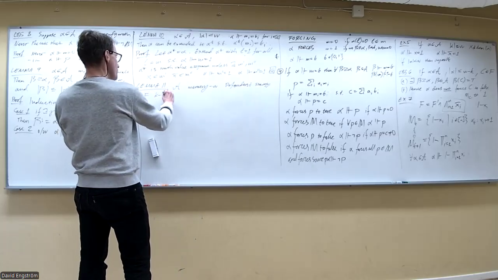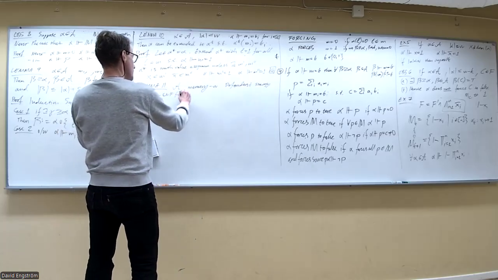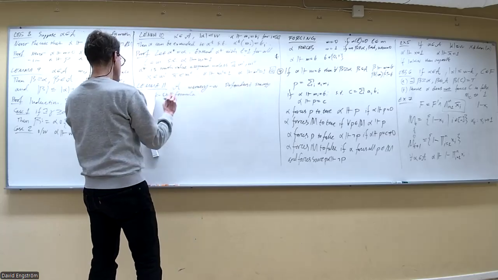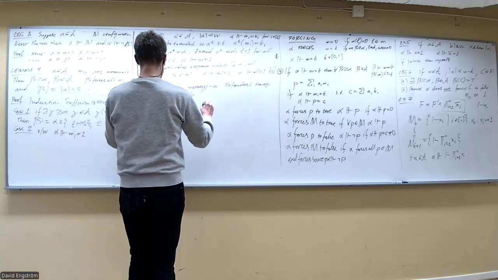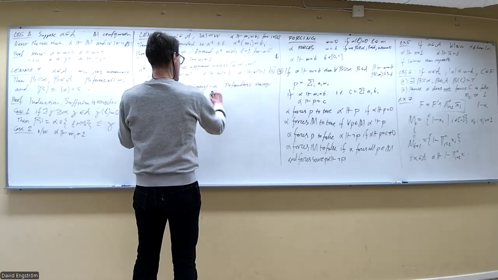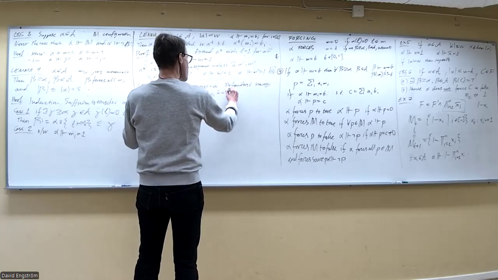F is a k-CNF formula, and W and K are both positive numbers.